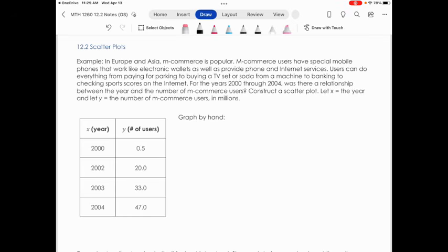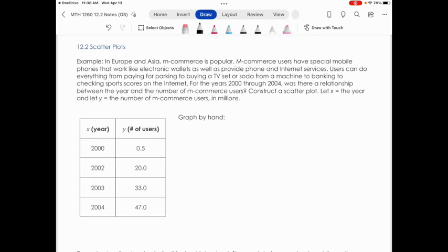So in the first example, it says, in Europe and Asia, m-commerce is popular. M-commerce users have a special mobile phone that works with electronic wallets as well and provides phone and internet services. Users can do everything from paying for parking, to buying a TV set or a sofa from a machine, to banking, to checking sports scores on the internet.